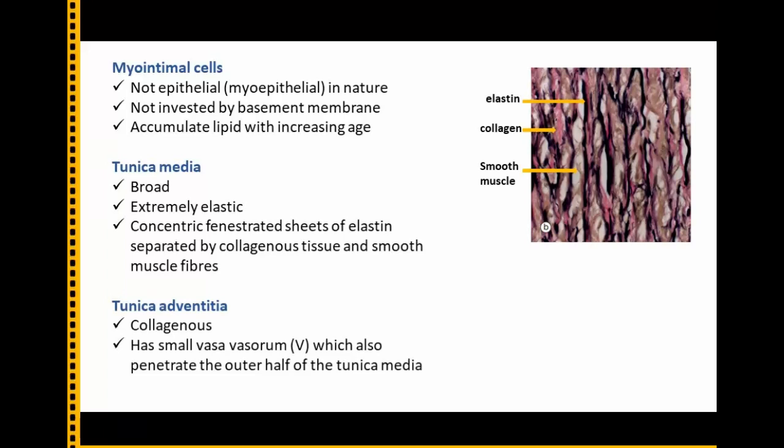These elastic sheets are separated by collagenous tissue and smooth muscle fibers. Then comes the tunica adventitia. It has small vasa vasorum. What are vasa vasorum? Those are the small vessels which supply blood to large arteries. These vessels are in the tunica adventitia.